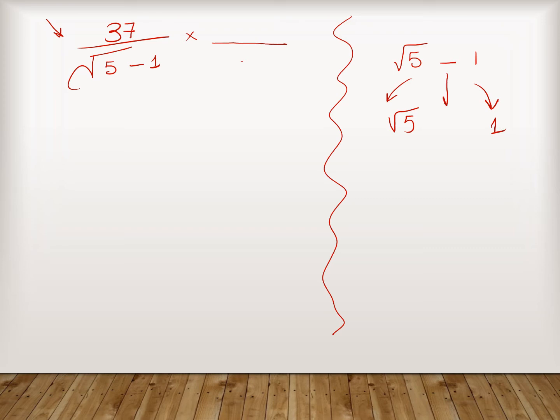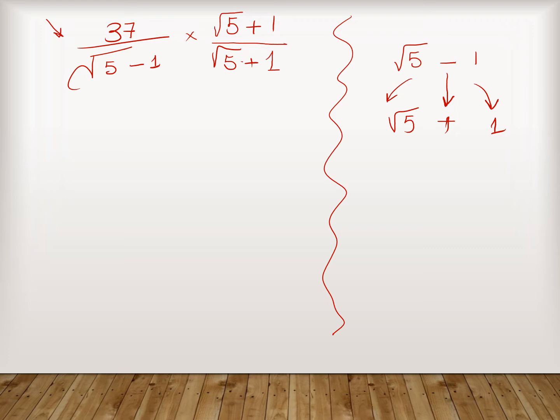Just change the sign in between those two terms. If you have a negative sign, you write it positive. If it was positive, you write a negative sign. So multiply and divide with the conjugate of the denominator in order to eliminate the square root from the denominator.